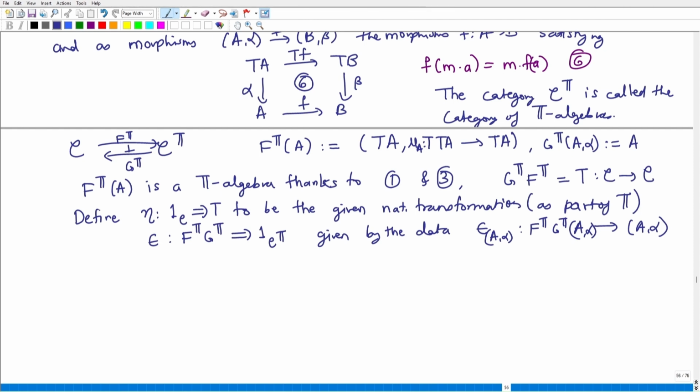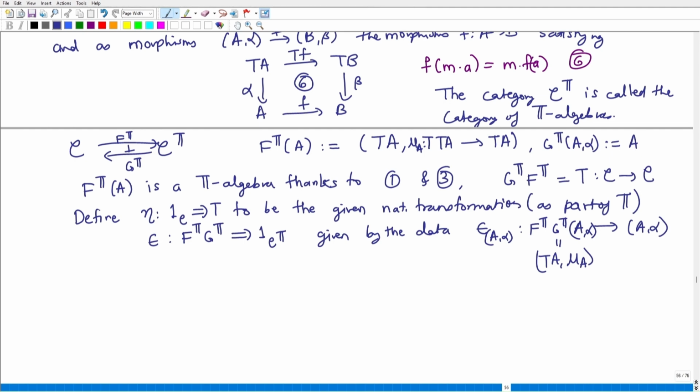What should be our definition? I mean, first of all, let's try to simplify this. You take A alpha, you forget alpha. This will be TA mu A. Okay, so from TA mu A to A alpha, can you define something obviously? Yes.